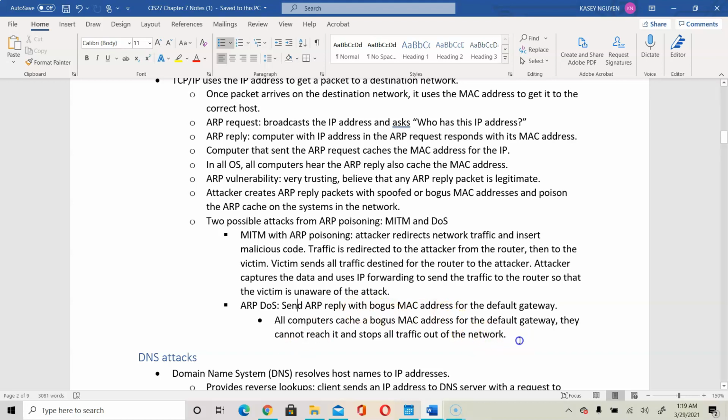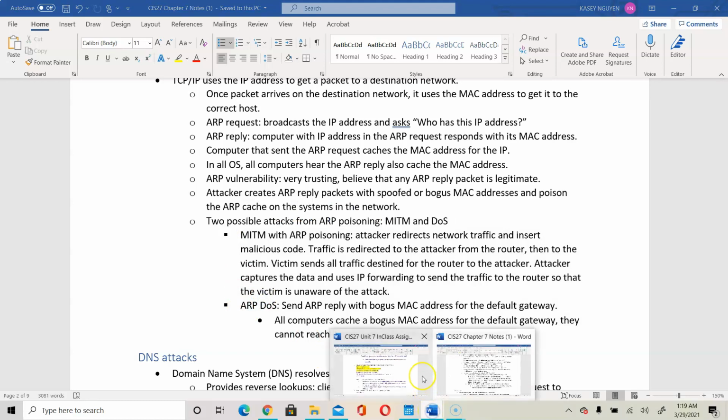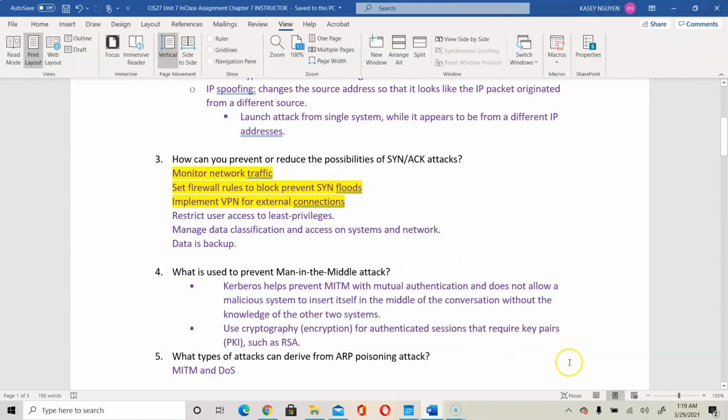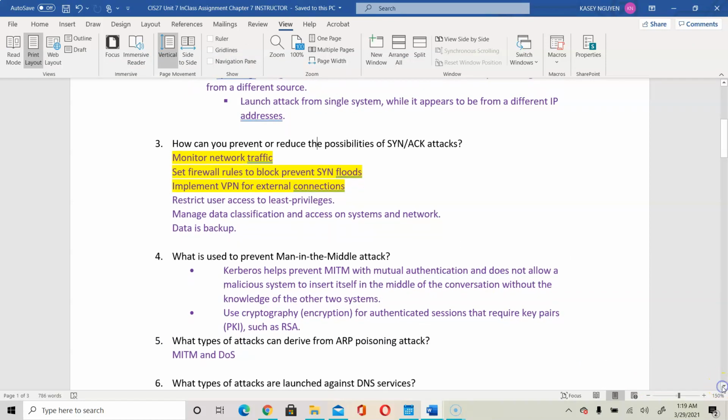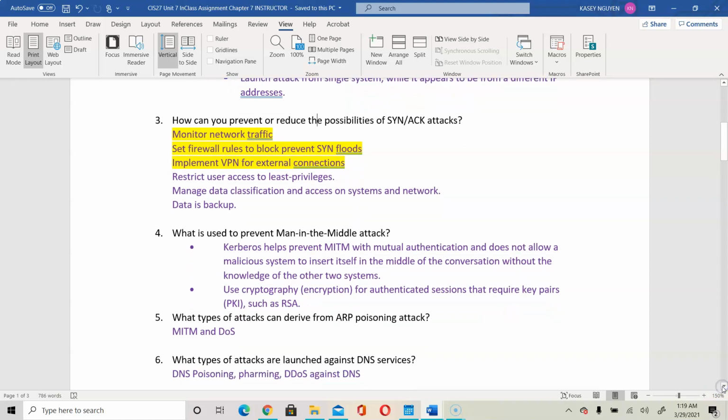So you would see that man in the middle and DoS are involved with ARP poisoning. For the next question, it asks what types of attacks can derive from an ARP poisoning attack, and that would be man in the middle and denial of service, for number 5.